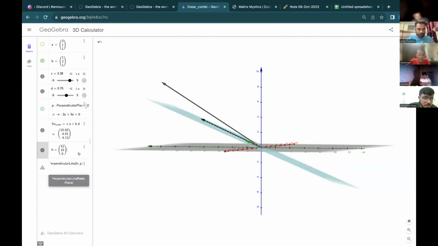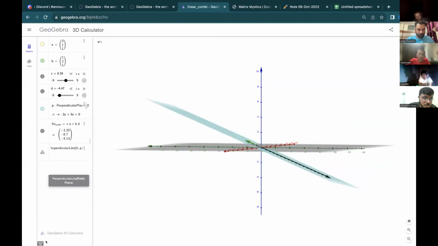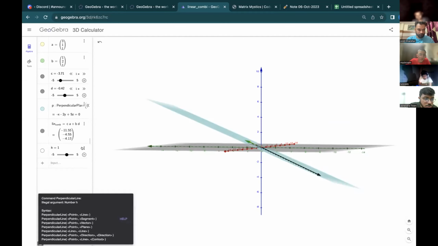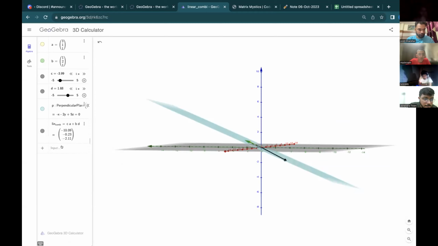Somebody was asking whether H is a point or a vector. In the definition of H, we have defined it as a point. A point in space, when connected through 0, becomes a vector, isn't it? So H is a point; since we are representing it in the form of matrices, it turns out to be a vector.